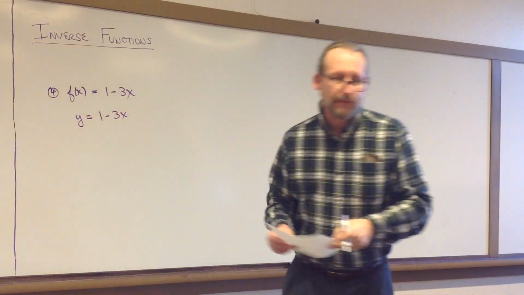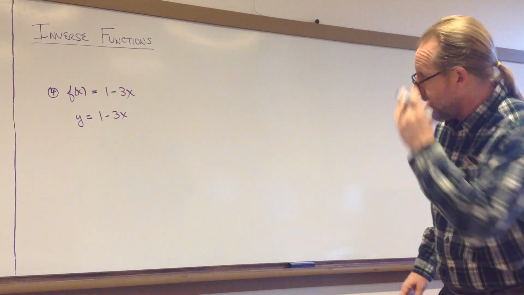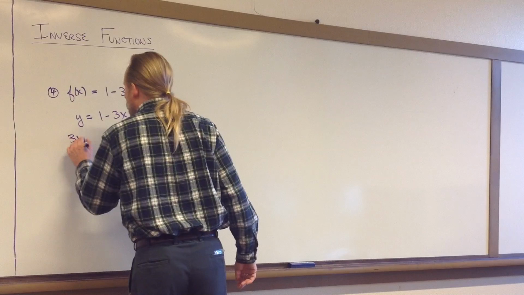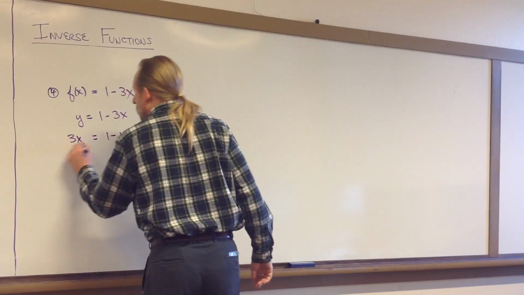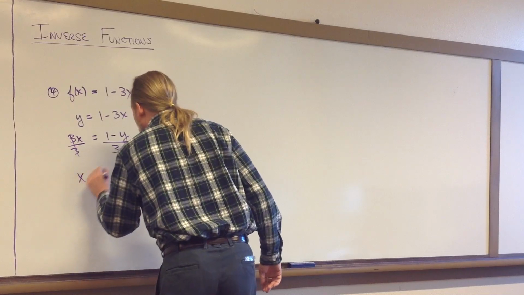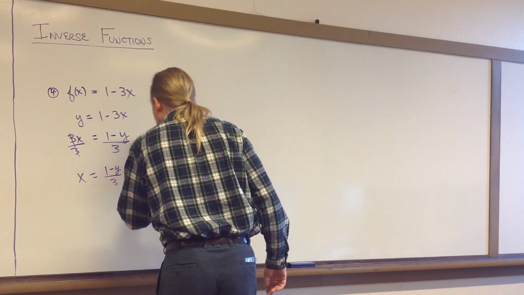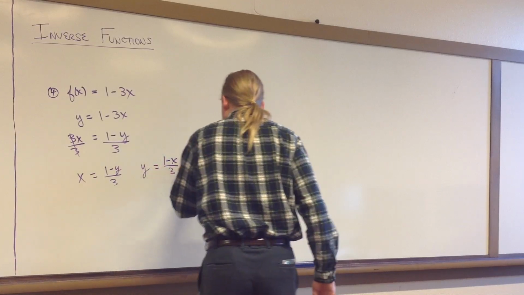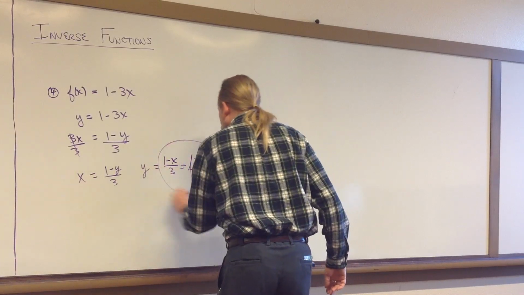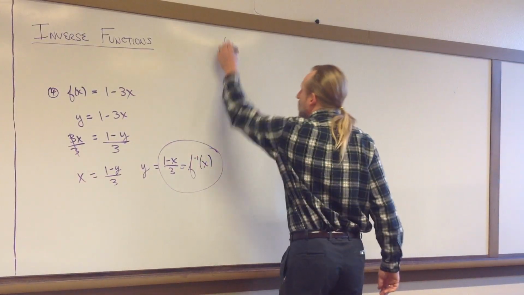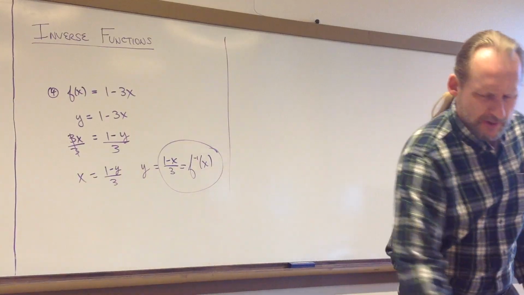I mean, you can keep it as f of x, it's just more writing for you. All right, now let's get the x by itself. So 3x equals 1 minus y. Divide on both sides by 3. And now swap the x and y's, and that is our inverse function. There it is.